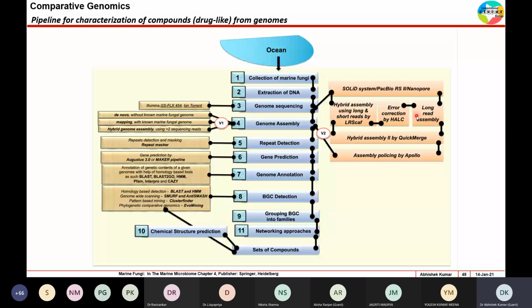so that you can do the error correction. So the read assembly, and then you can do long read assembly, and then you can hybridize with the previously known assembly and make a better assembly.